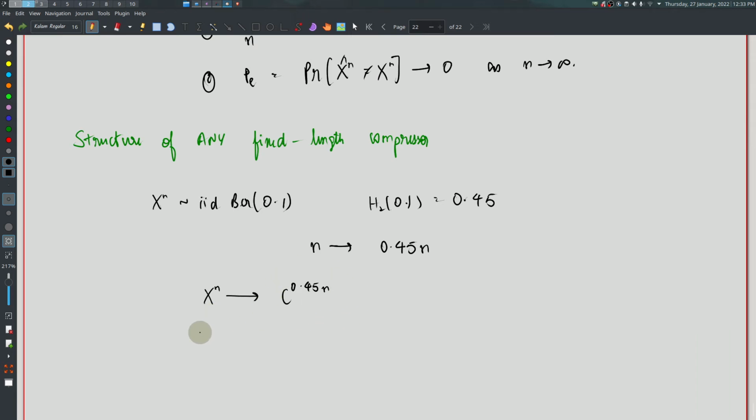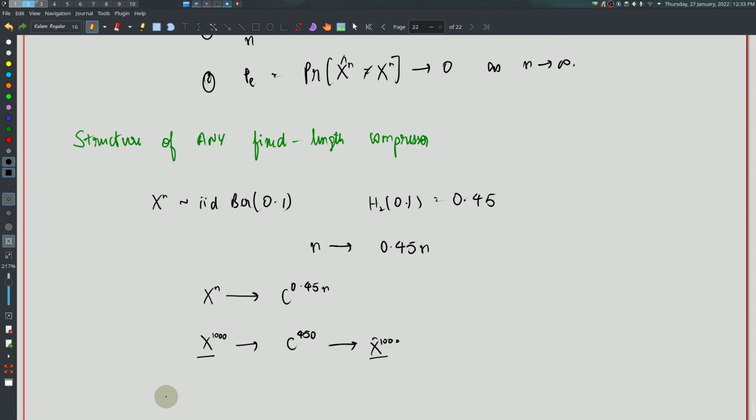For example, I take a 1,000 length sequence and convert it into a sequence of length 450, and I have some way of getting back another 1,000 length sequence such that these two are equal almost all the time. The probability of this not being equal to this is very, very tiny.